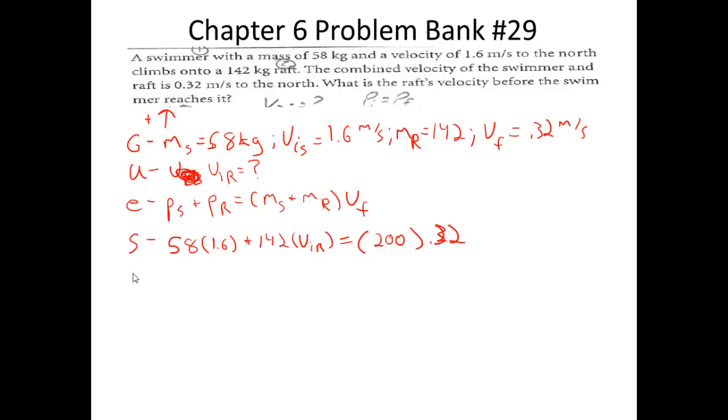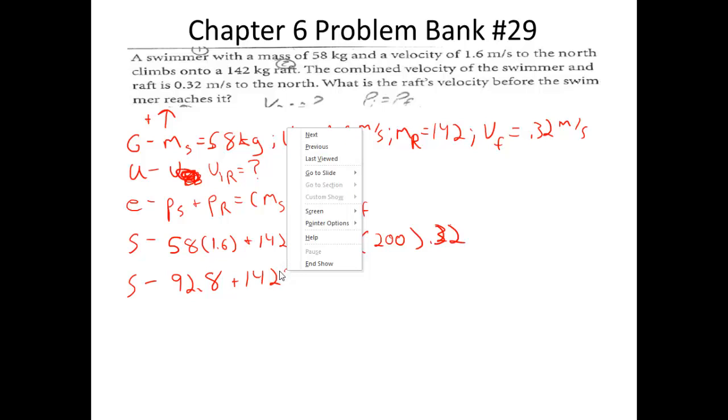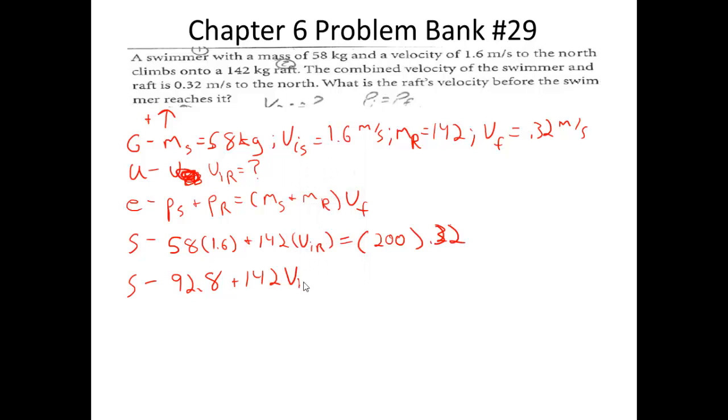Solving that, we get 58 times 1.6, 92.8, plus 142 V sub IR is equal to 200 times 0.32, 64.